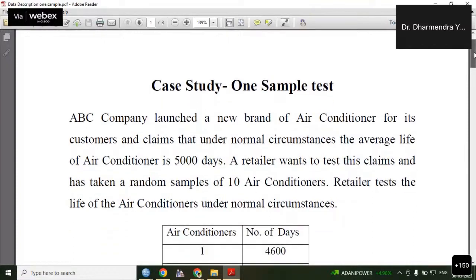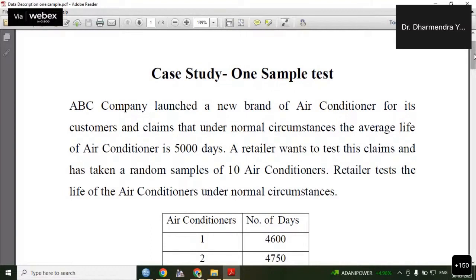So in our case, we have a company ABC which launched a new brand of air conditioner for its customers and claims that under normal circumstances, the average life of the air conditioner is 5,000 days.